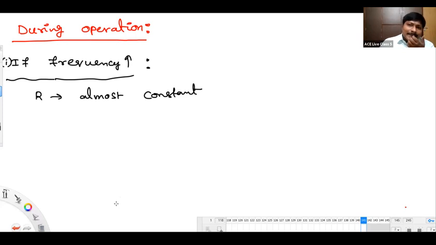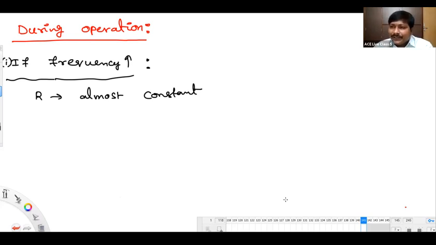Okay, what will happen to inductance and capacitance values? Will these values depend upon frequency or not? This is a place where you should have better clarity. Try to answer it properly. No. Sir, where is that frequency in the inductance formula?